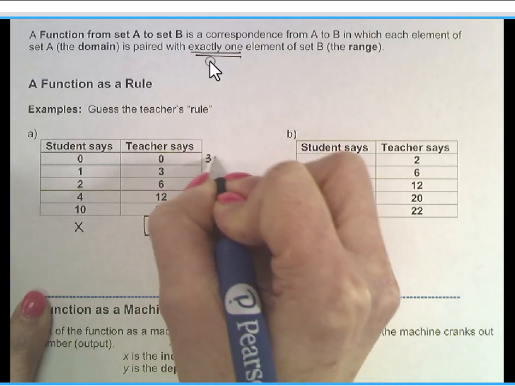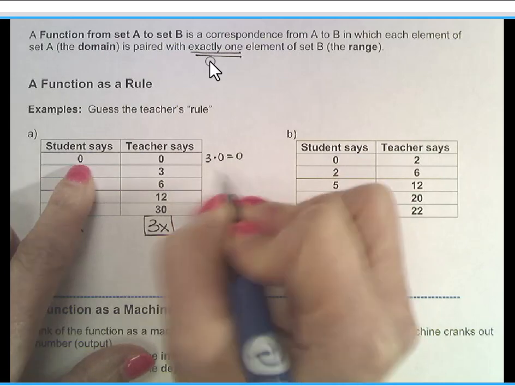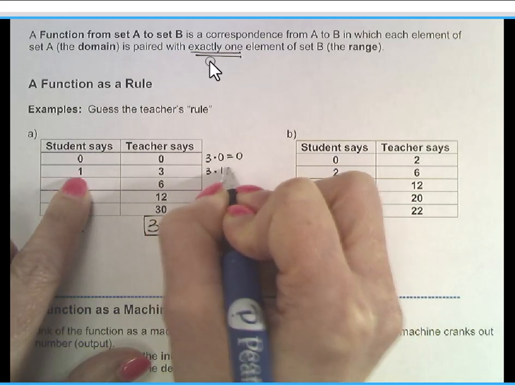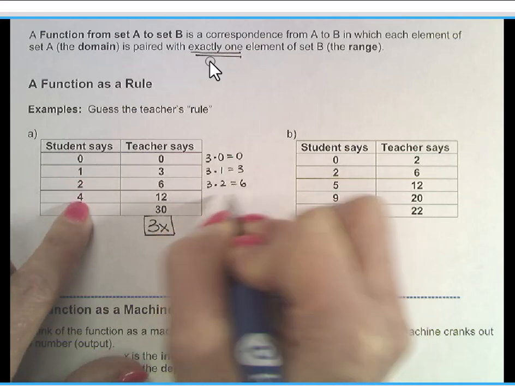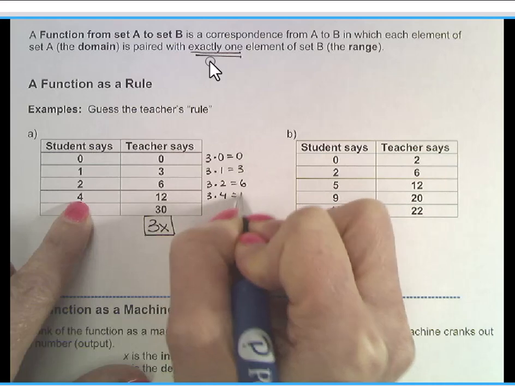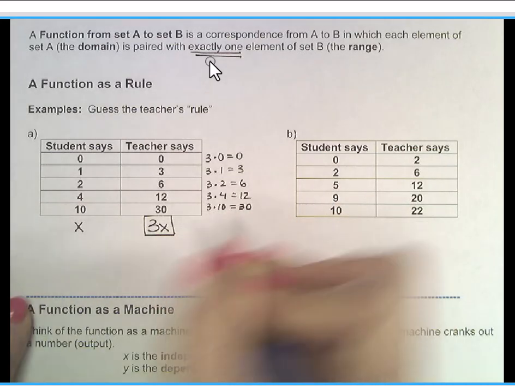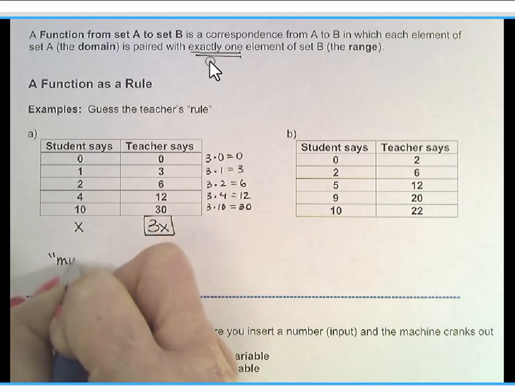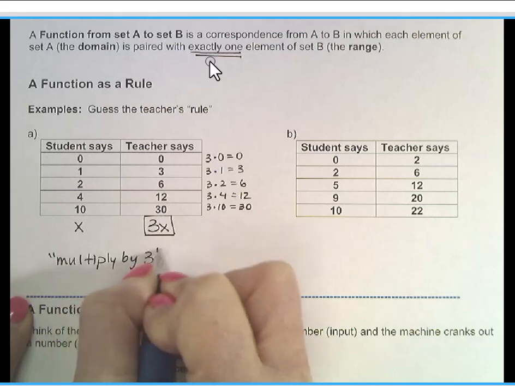So the teacher took the student's number multiplied by 3. 3 times the student's number. So the rule is multiply by 3. That was the rule.